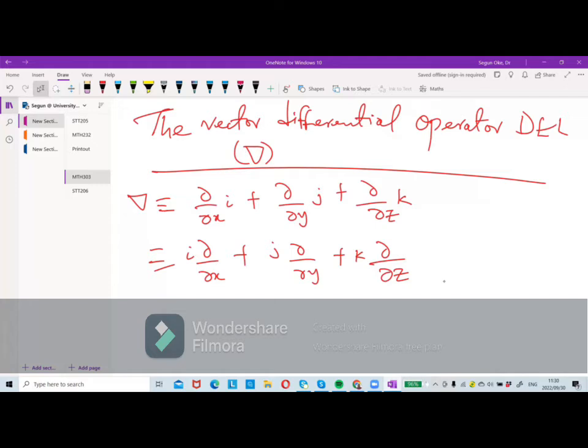Remember I mentioned it, that is the gradient, the divergence, and the curl.